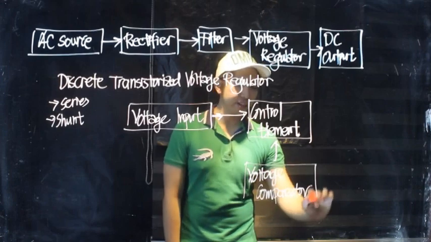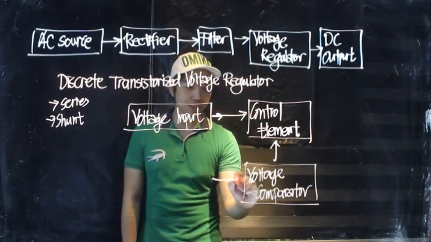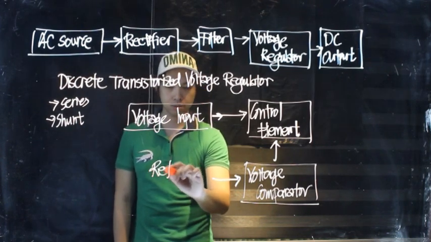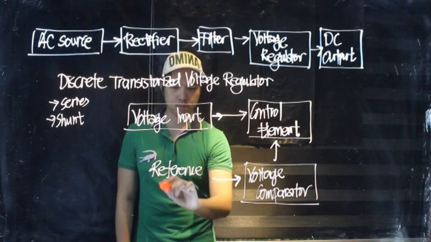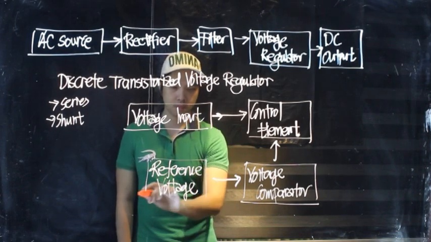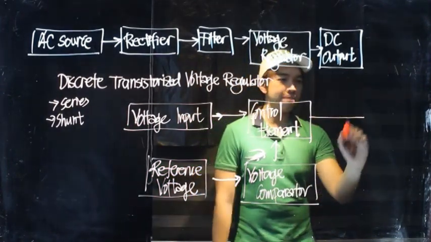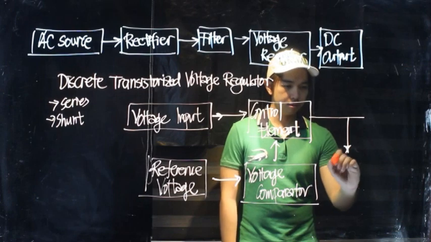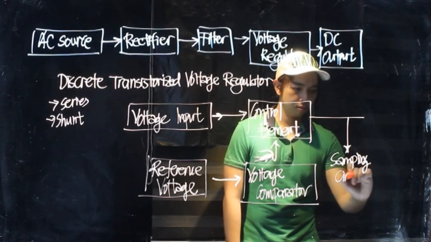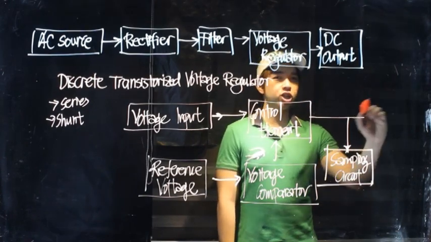The voltage comparator keeps the voltage in level. And the voltage comparator is controlled by a voltage reference or reference voltage. Then, with the fourth block, we have here a sampling circuit. And lastly, we have the voltage output.